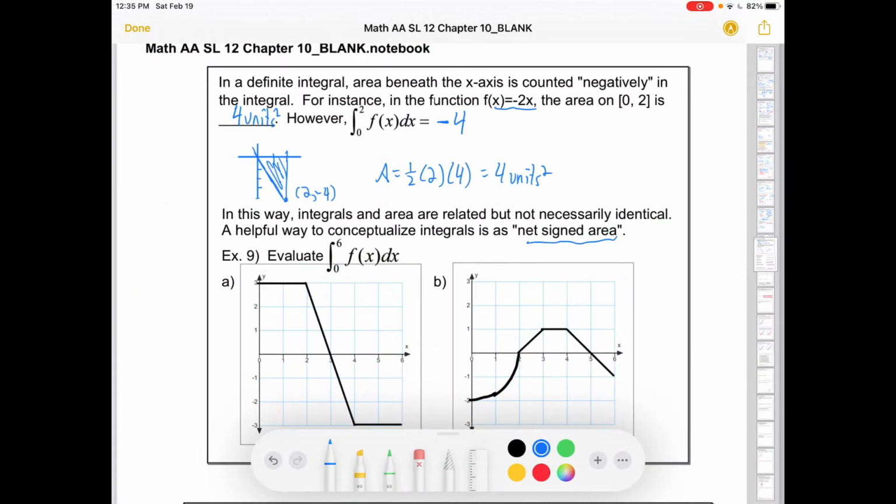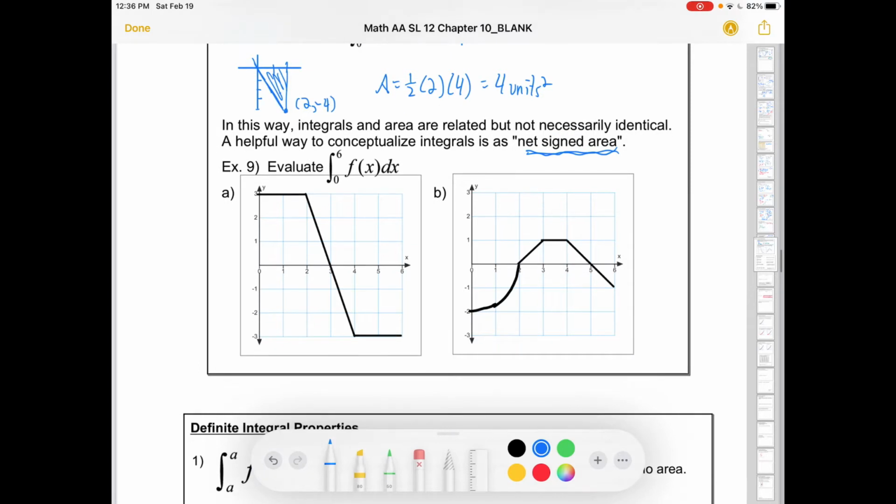And this is kind of like the difference between distance and displacement, or how many steps you've taken and your net change in position. An integral on its own is more like net change in position, or, like I said, net signed area.